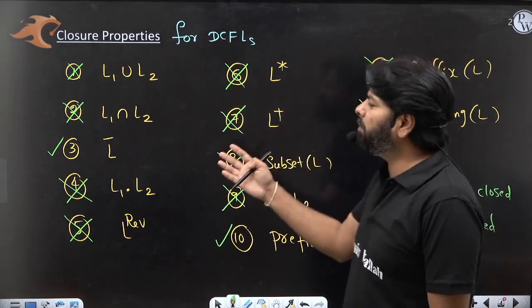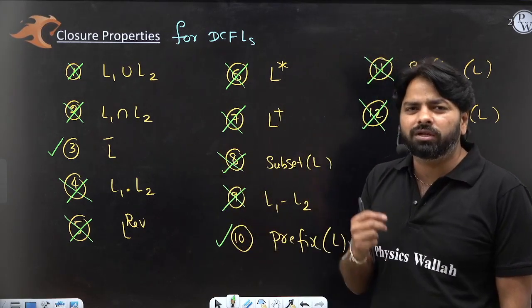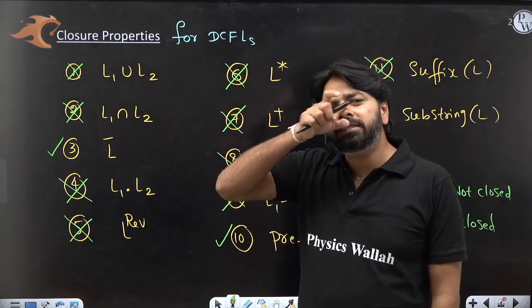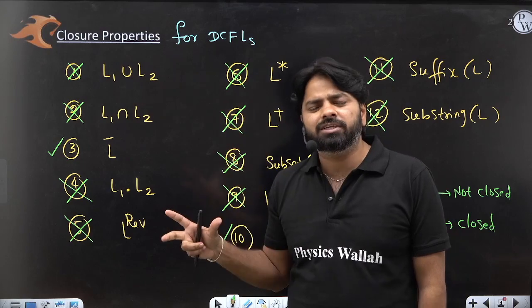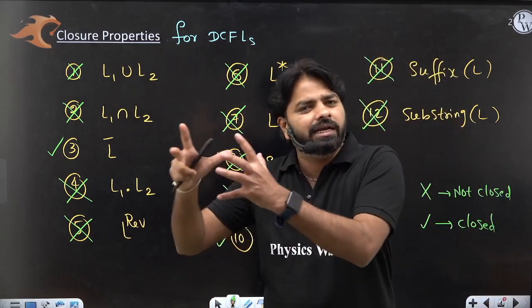Now look at why complement is closed. If complement is closed, there should be an algorithm or proof to say that. The reason is that for any DCFL you can always design a DPDA.